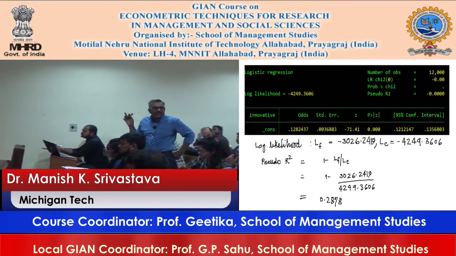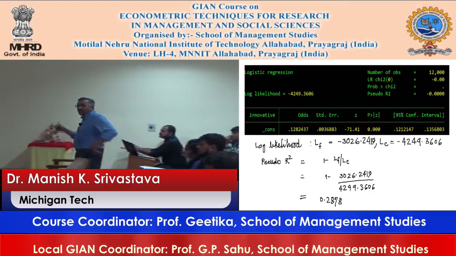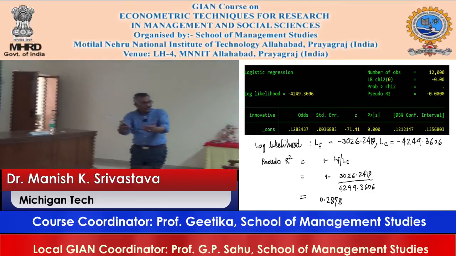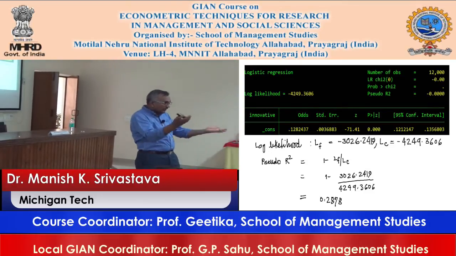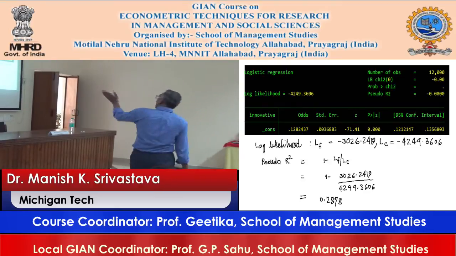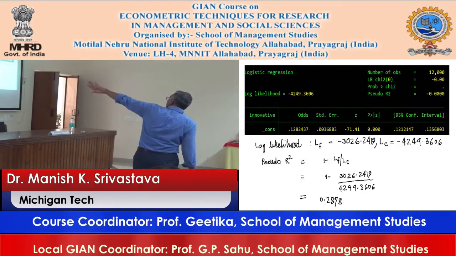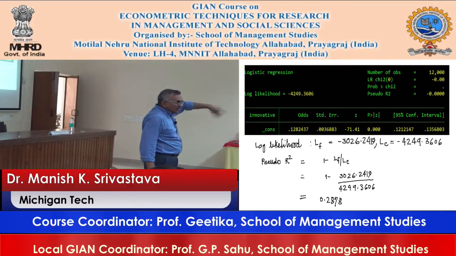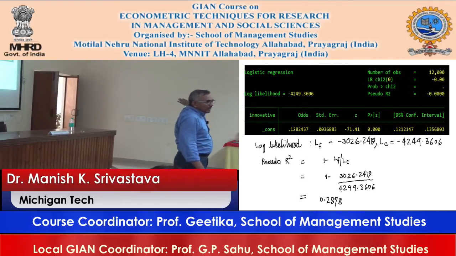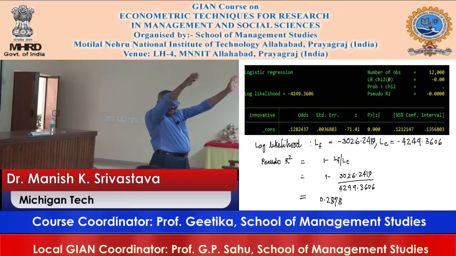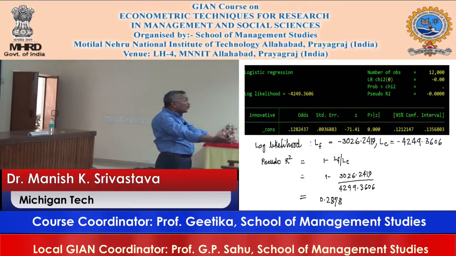Anytime you want to see how good the model is, you want to see a base model and then compare it to the other model. The other one is just the constant, so there was no predictor in the model. I only had a dependent variable and I asked it to run, so it has only a constant.